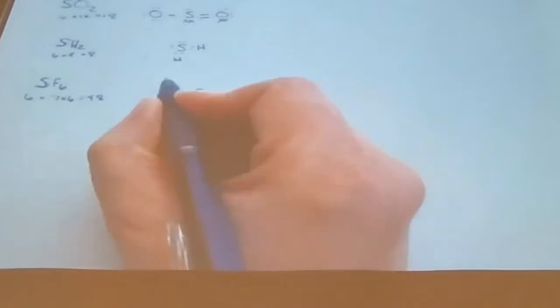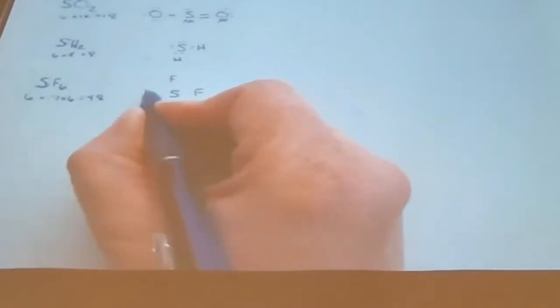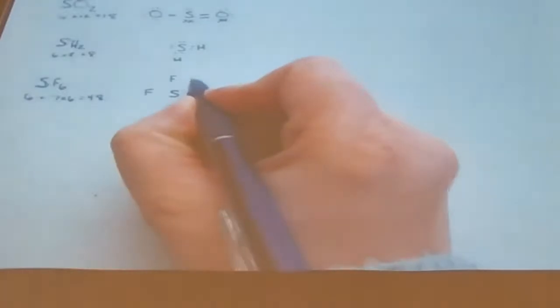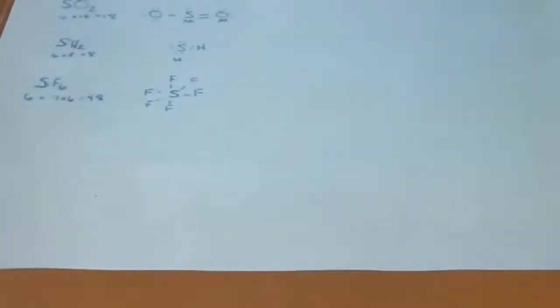I might start with just 4, 1 on each side, but our rule says put all of the atoms around the central atom. So I put all 6 of them around there and draw a line to each of those. That means a single bond to each of them, representing 2 electrons for each.